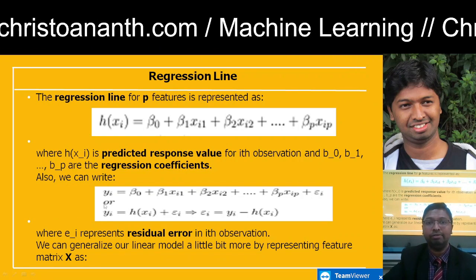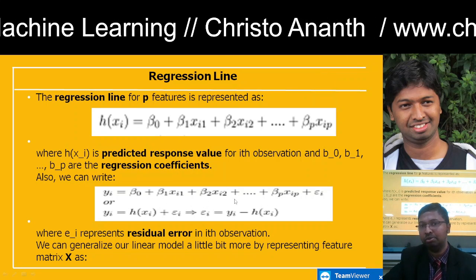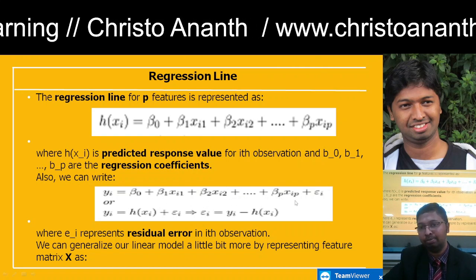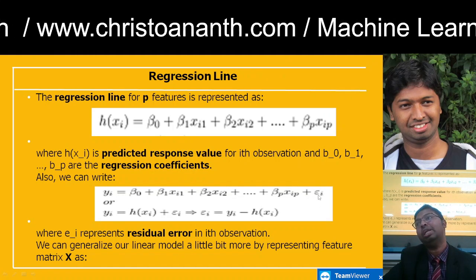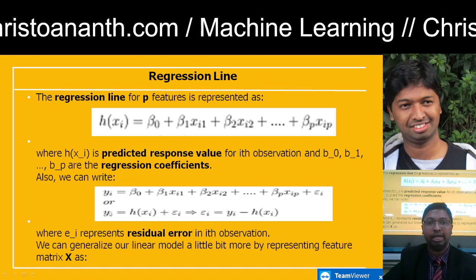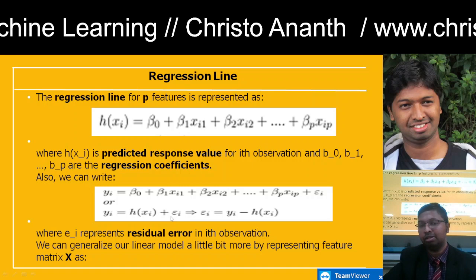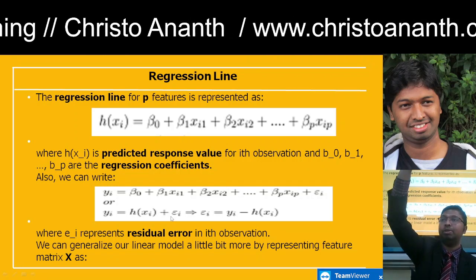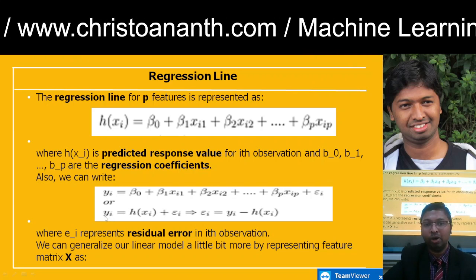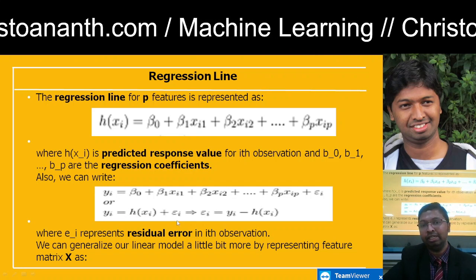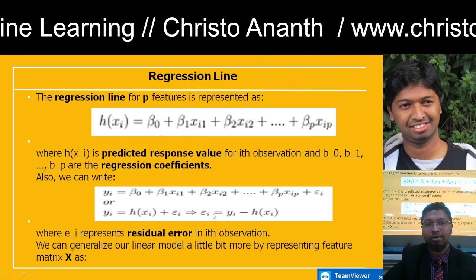And then we'll have yi is equal to beta 0 plus beta 1 xi1 plus beta 2 xi2 up to beta p xip plus epsilon i. So this is actually the residual error, what we discussed. Or yi equal to h(xi) plus epsilon i. This is what we derived from the previous relation. Or you can also write yi minus h(xi) is equal to epsilon i. So this is the residual error of the ith observation.